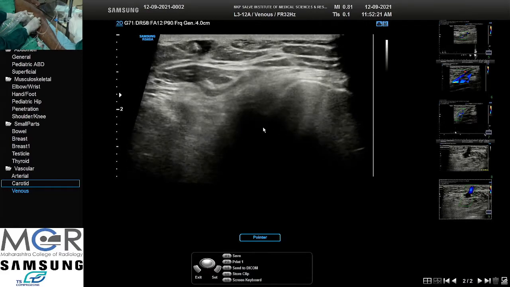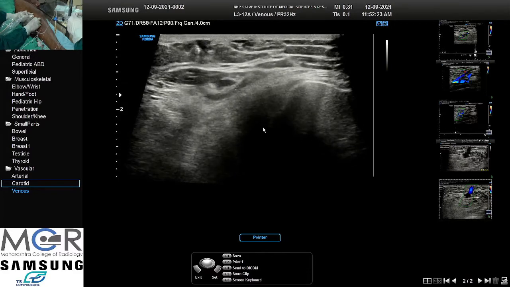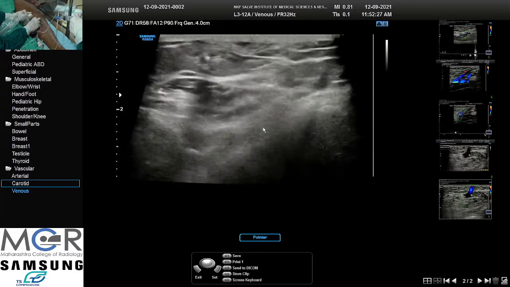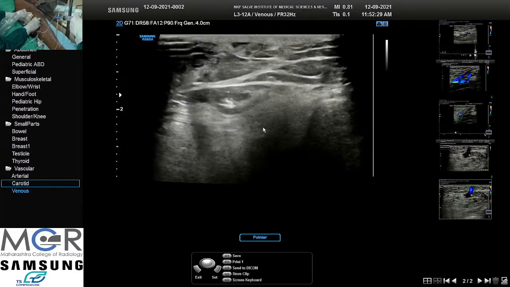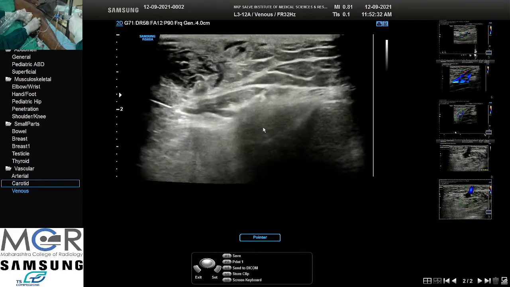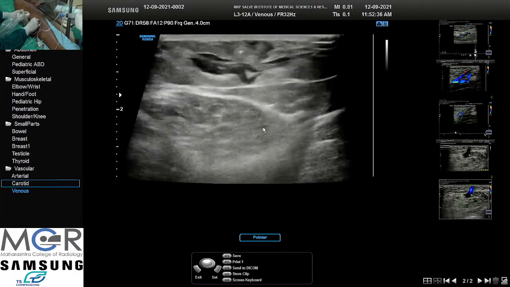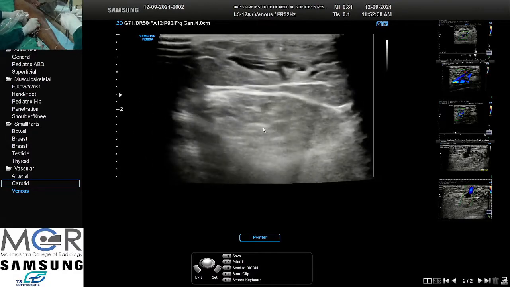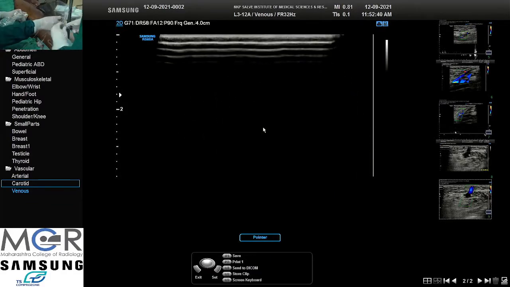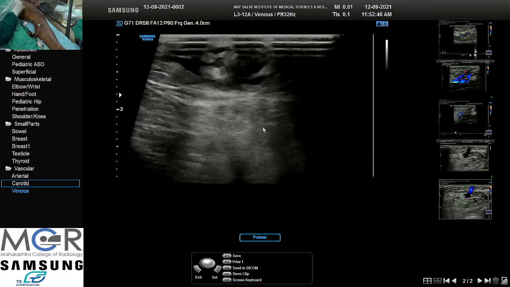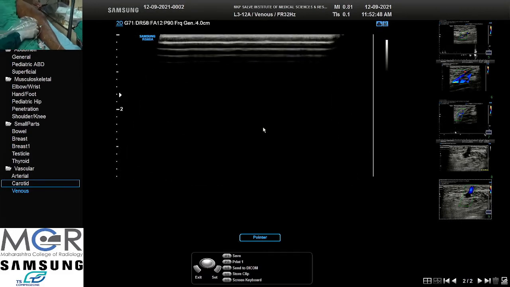I think it is given. So we are finished with putting in the anesthesia. You can see it again sealed around the vein completely.